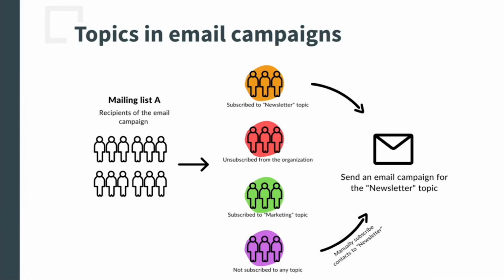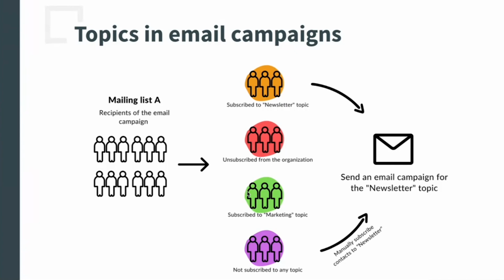So if I wish to send a newsletter to them, let's see who will receive this email. The group who have chosen newsletter as a topic will receive the email. Those who have chosen to unsubscribe from the organization will not receive this email or any other email from the organization because they have chosen to unsubscribe from the org.